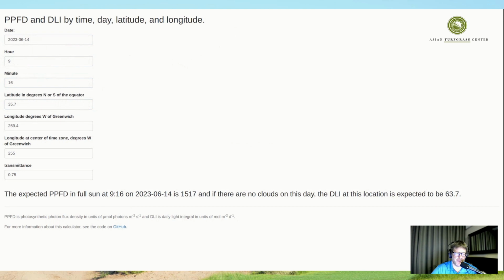So that's pretty simple. But now the app is a little bit complicated because I copied the longitude instructions pretty much straight from the FAO 56 crop evapotranspiration guide, which is where I figured out how to make these calculations. The way that they do the longitude is not just putting in your longitude point. They ask for two things. They ask for what your longitude is, east or west of Greenwich.